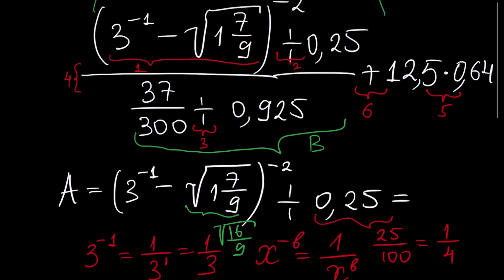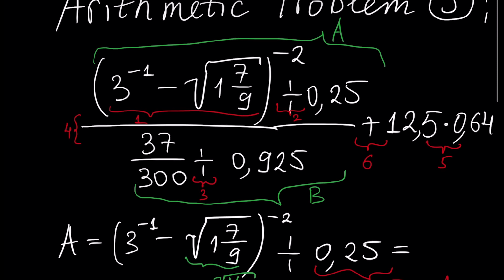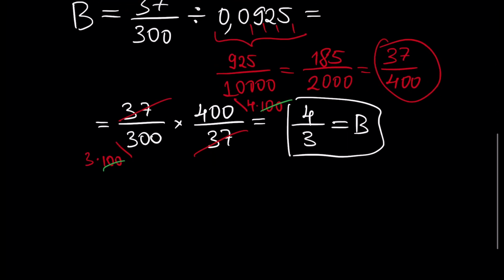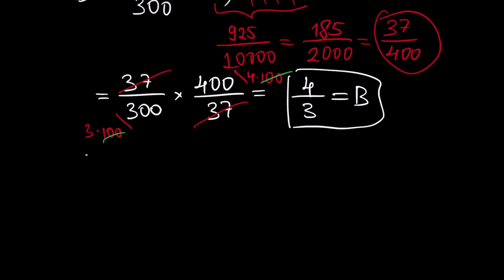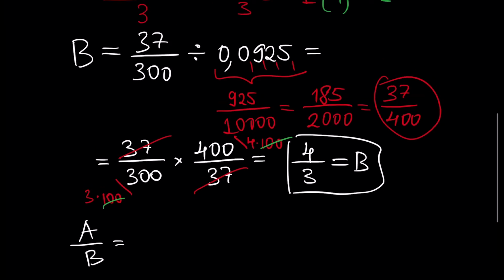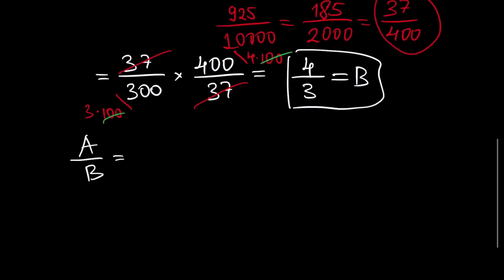Next, we divide A by number B. A divided by B is equal to, our A was 4, divided by 4 over 3. And we can transform our division into multiplication.